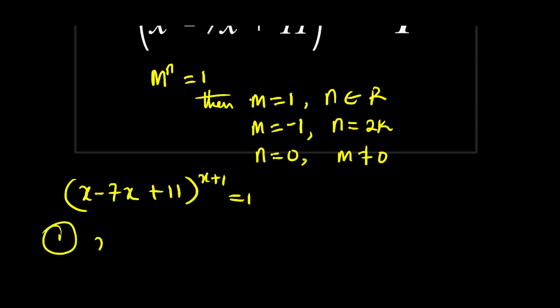So we have that x squared minus 7x plus 11 equal 1. So if I take this one into this place, before then, I will have that x plus 1 belongs to the set of real numbers.